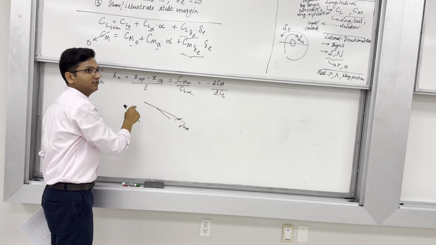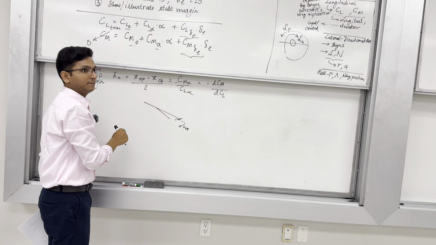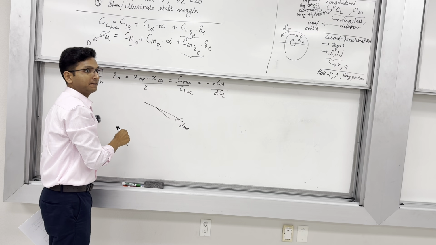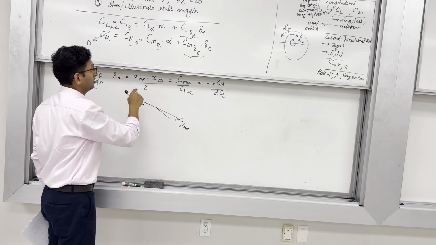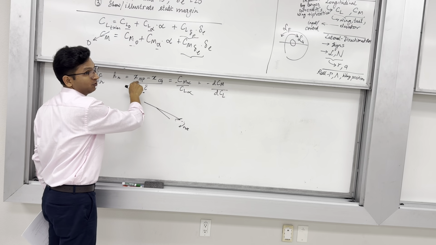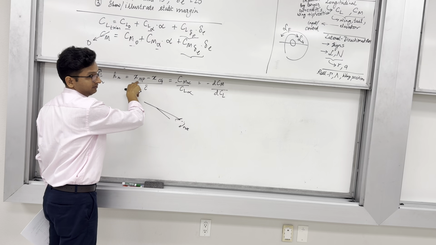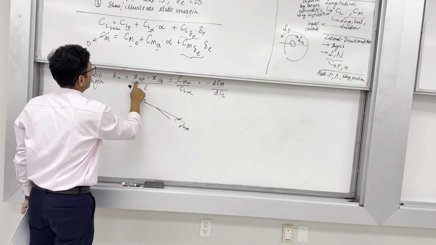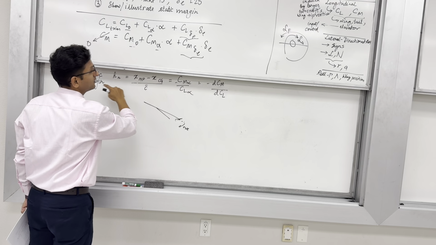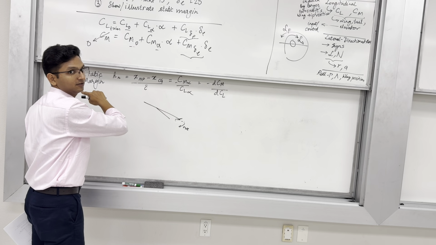Neutral point, what is the definition of the neutral point? The definition of the neutral point is that the moment does not change about it. So, basically, the moment is always trimmed about the neutral point.